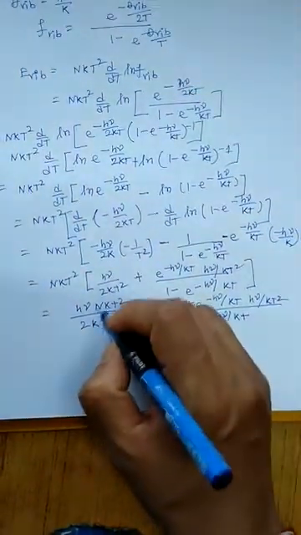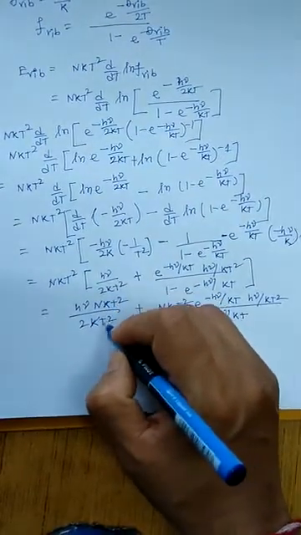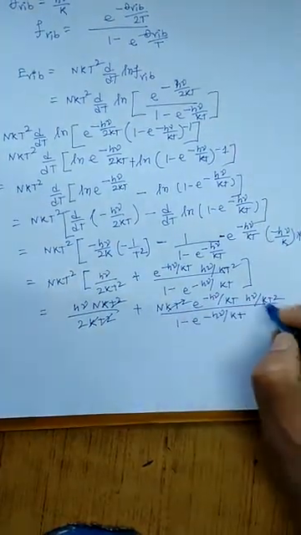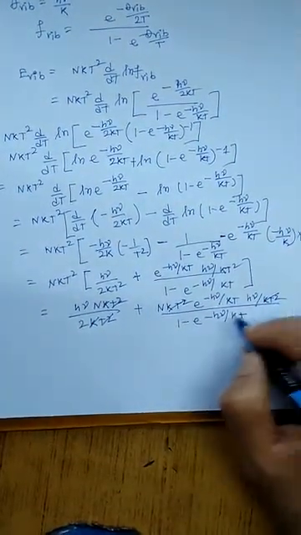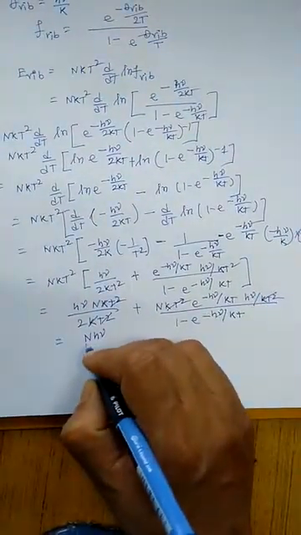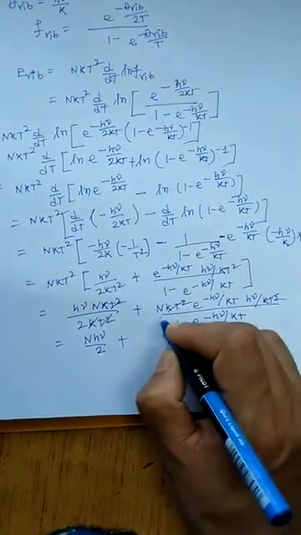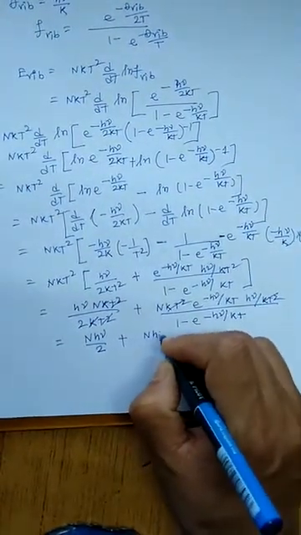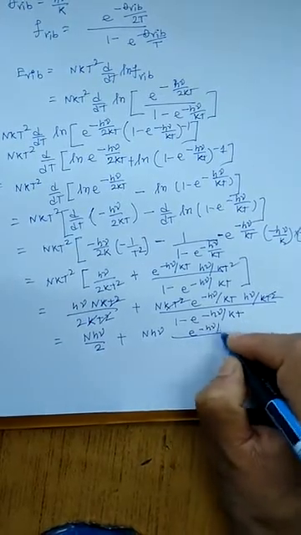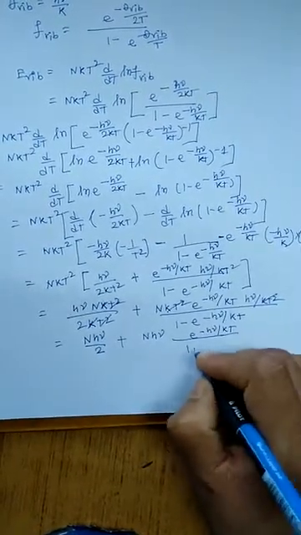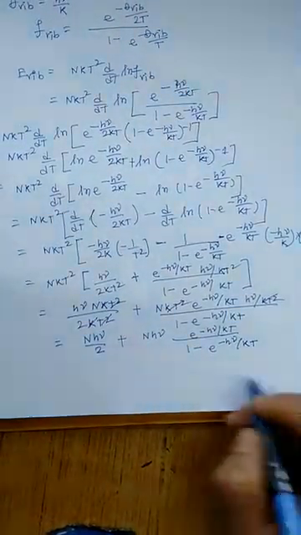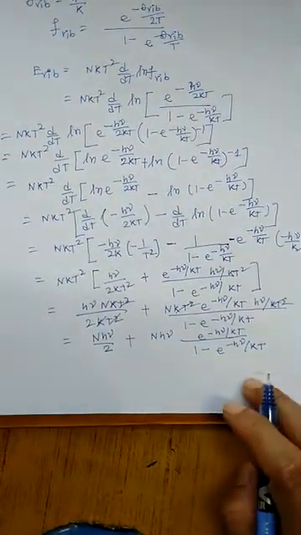Okay, now here k cancels, T square cancels, here also kT square, kT square. This is basically the bottom. Okay, so N h nu by 2 only, plus N h nu also, and this exponential term I can arrange as h nu by kT divided by 1 minus e to the power minus h nu by kT. So this is the ultimate term of the vibrational partition function.